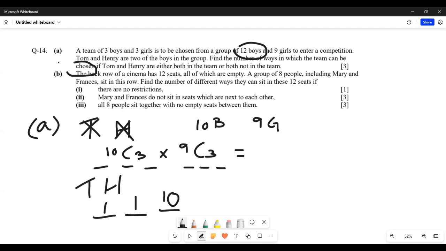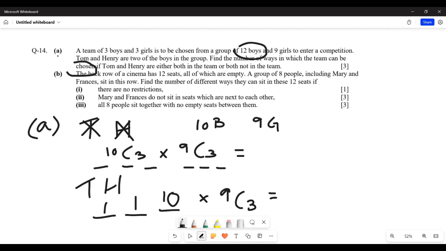So there are 10 contenders for this spot, or 10C1 contenders for this spot. Both give an answer of 10. Okay. Times 9 girls, 3 spots, so 9C3.